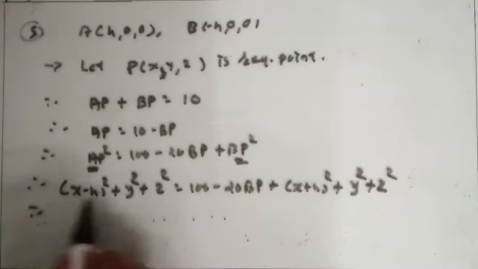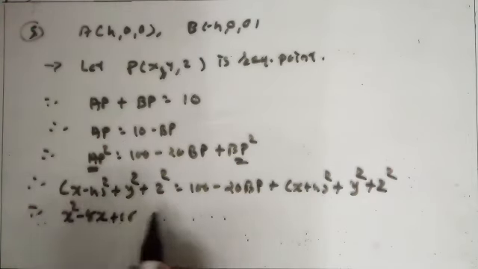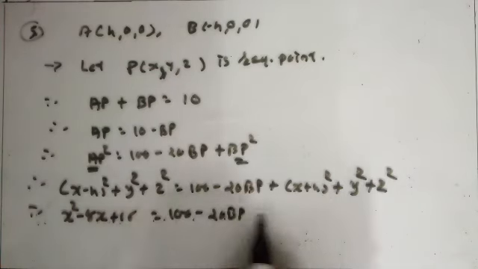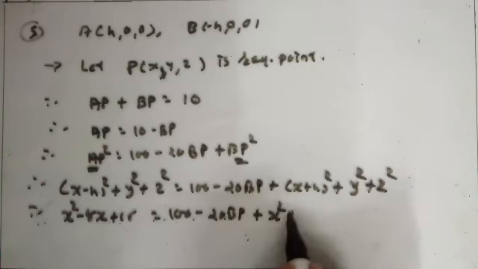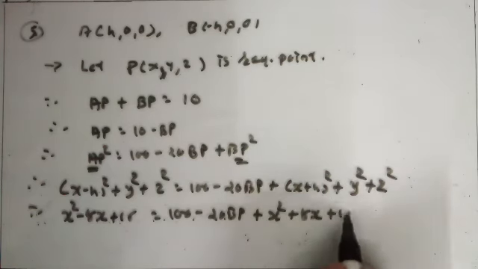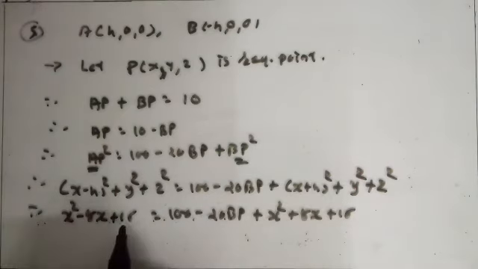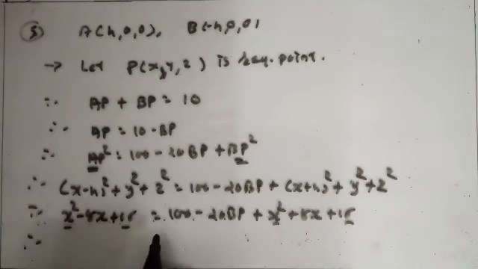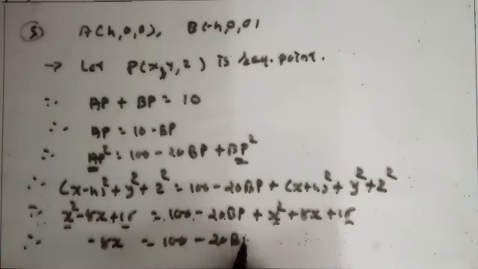Now expand x minus 4 square, so we get x square minus 8x plus 16 is equal to 100 minus 20 BP plus x square plus 8x plus 16. From both sides 16 cancels, x square also cancels. We get minus 8x is equal to 100 minus 20 BP plus 8x.